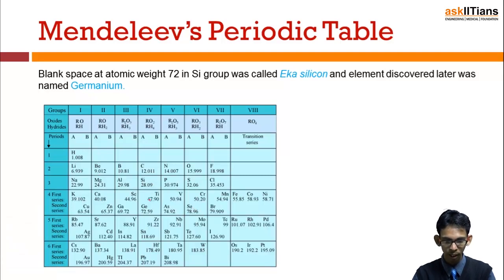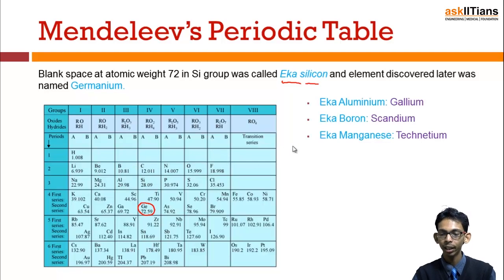It's here, and this atomic number 72 was left blank. There was no element at that time, and as time passed, we discovered a new element with atomic number 72, and that was placed at this point. Originally it was named Eka silicon by Mendeleev, and now that element is known as germanium.